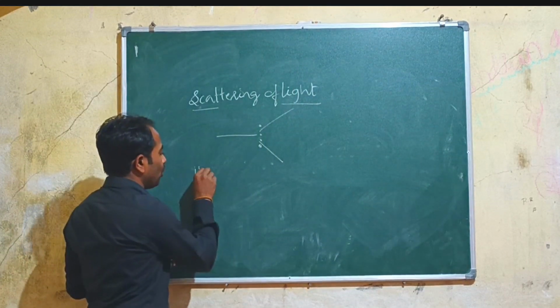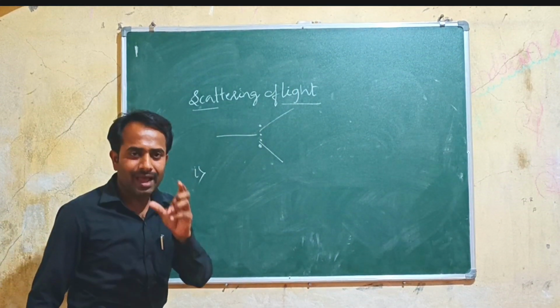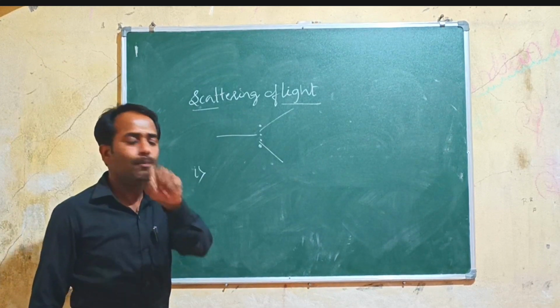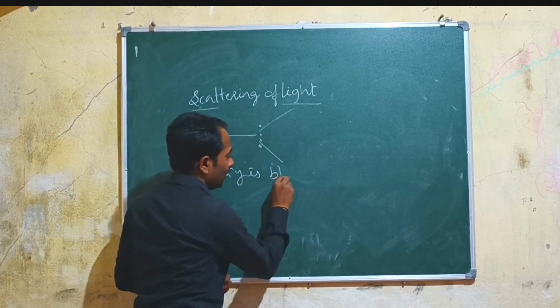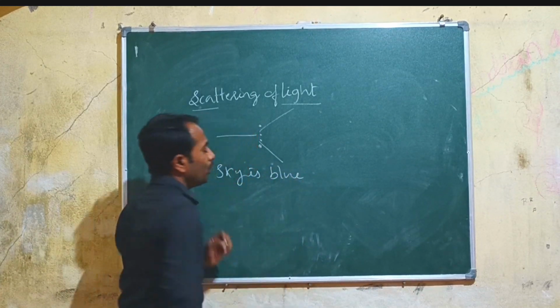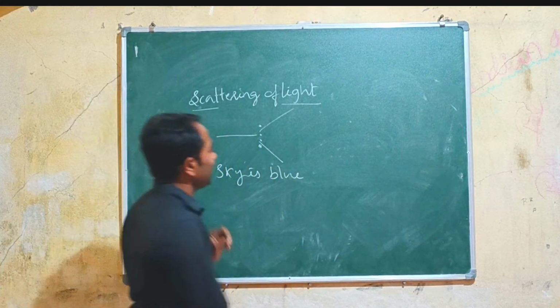Due to the scattering of light, the sky is visible in blue color. Sky is blue due to the scattering of light.